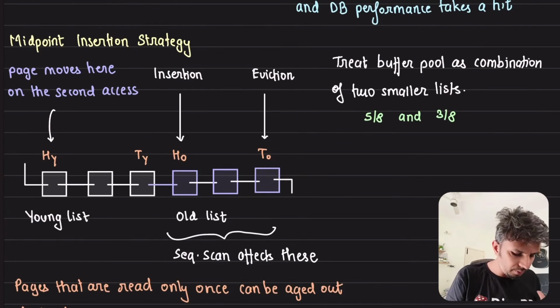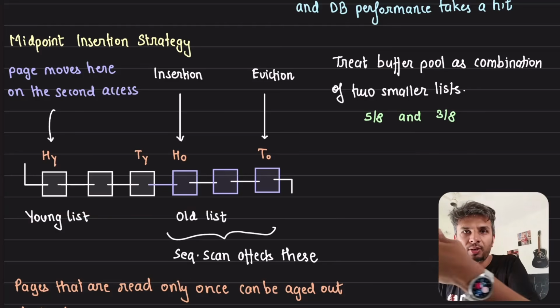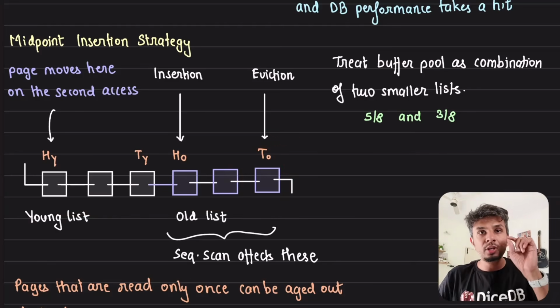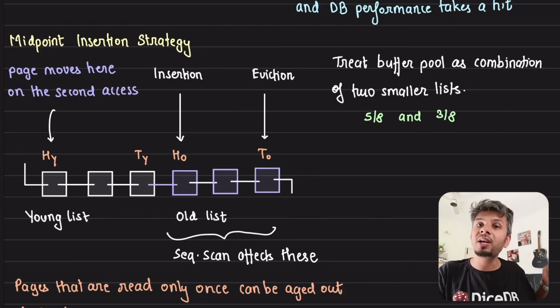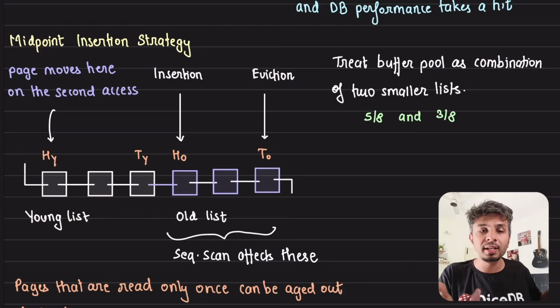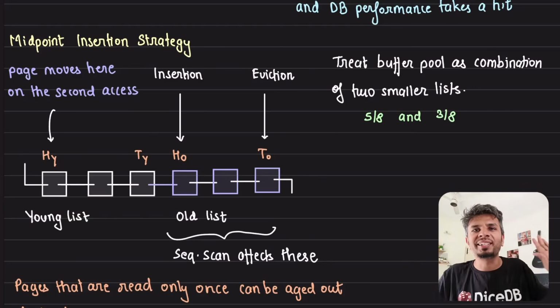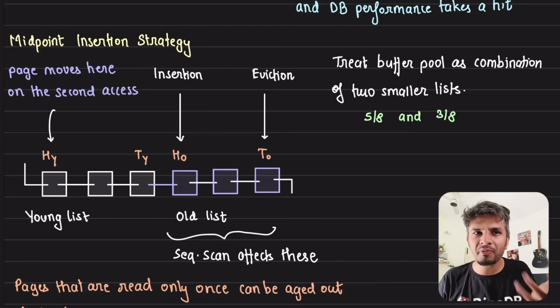If you go from left to right, you would see that the age is becoming older and older, and eventually the eviction happens from here. So if your page is already in the doubly linked list and it is referenced again, it's moved to the head of the young list, like how it always happens. And if you're doing a full table scan, only the 3/8 of the list gets affected. Such a simple solution to a seemingly complicated problem, if we can put it that way. That's the fun part of it.